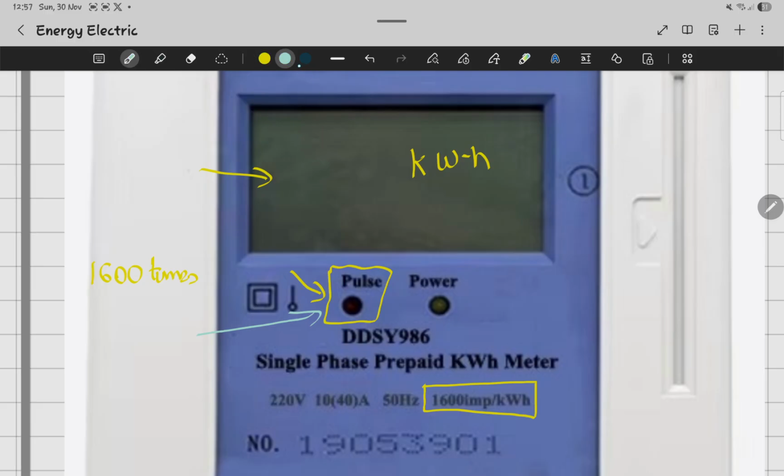So for us to get 1 unit, only when the LED flashes 1,600 times will it be 1 kilowatt hour.